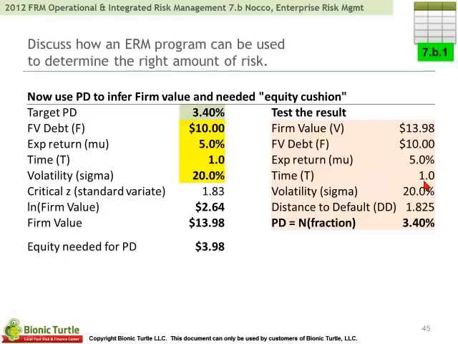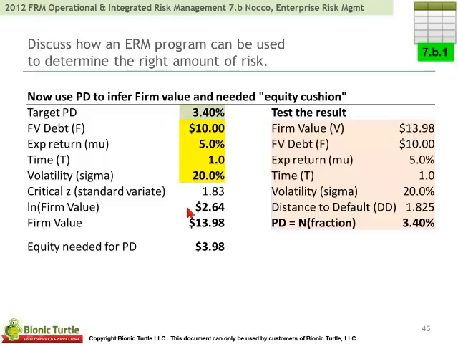And then using the Merton model assumptions, that's the estimation of the tail area in the future physical distribution, the probability of default is about 3.4%. So we use the reverse application of the Merton. Rather than taking the parameters of the firm and solving for the probability of default, we take the target probability of default and solve for how much equity cushion the firm needs to support that.